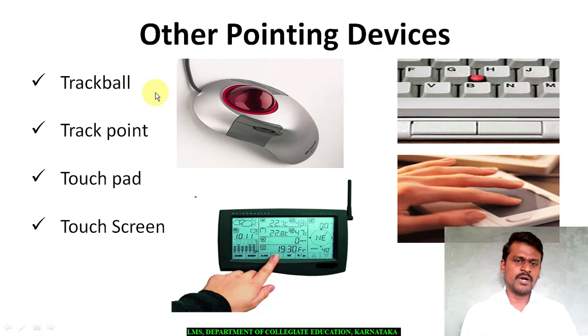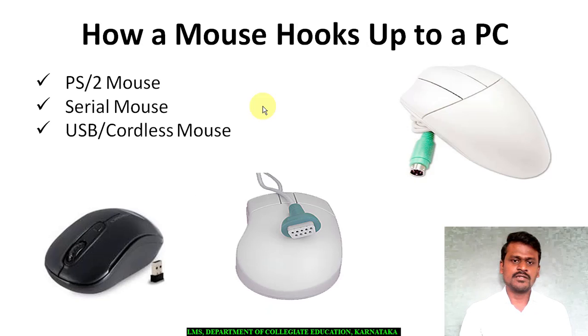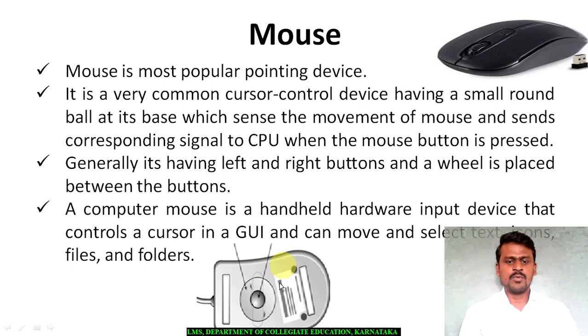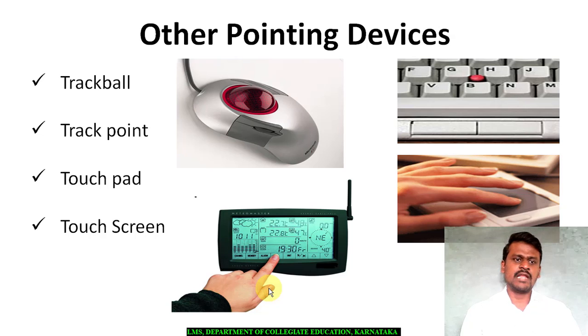Trackball is nothing but an upside down version of the normal mouse. It also looks like a mouse, but the ball is placed on the upper side. In the older mouse, the ball is placed below the mouse, but in a trackball, the ball is placed on the upper side of the mouse.